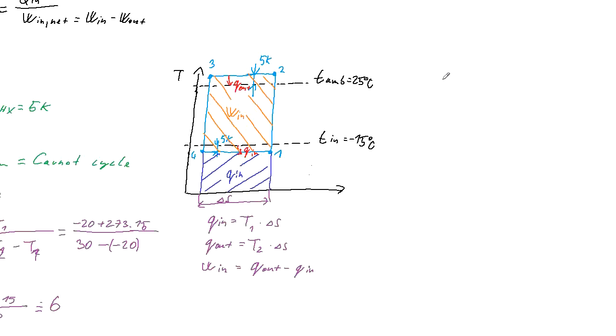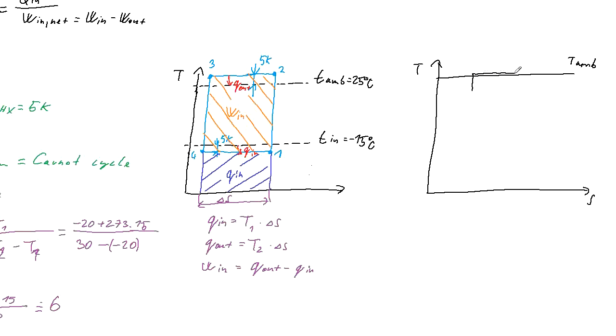Now, before we move to using actual refrigerants as working fluids, let's just see what happens if we change the temperatures of the system. Let's say we have some temperature level of the ambient in the TS diagram, and we want a very small temperature difference from the ambient, so let's say it would look like this.